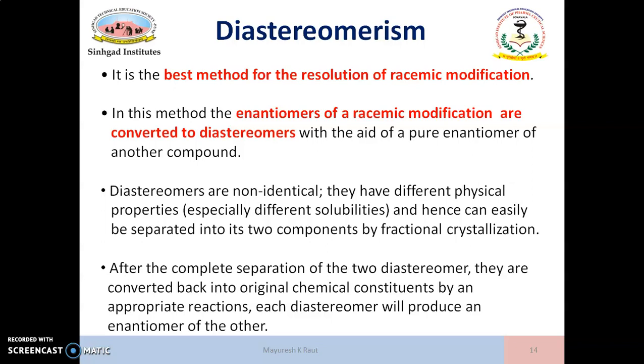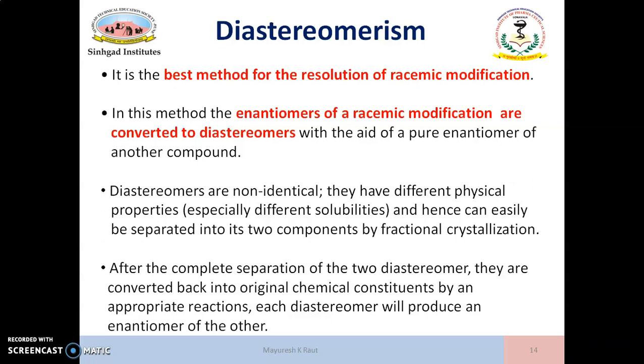Next is resolution of racemic mixture by diastereomerism. It is the best method for resolution of racemic modification. In this method, enantiomers of racemic modification are converted to diastereomers with the aid of pure enantiomer of another compound.